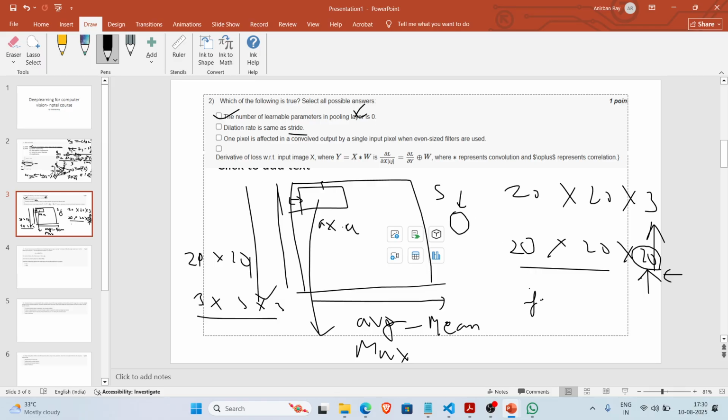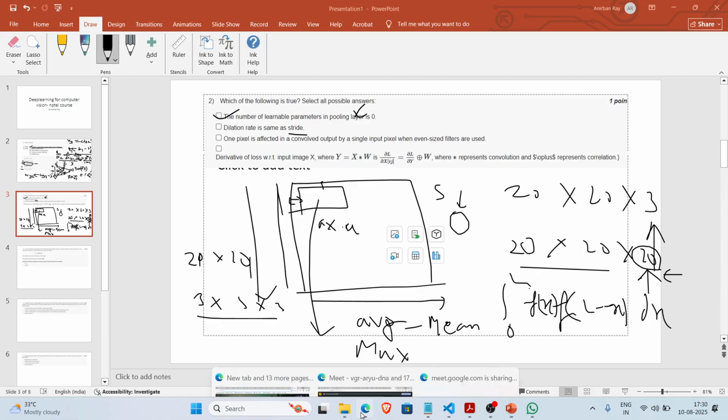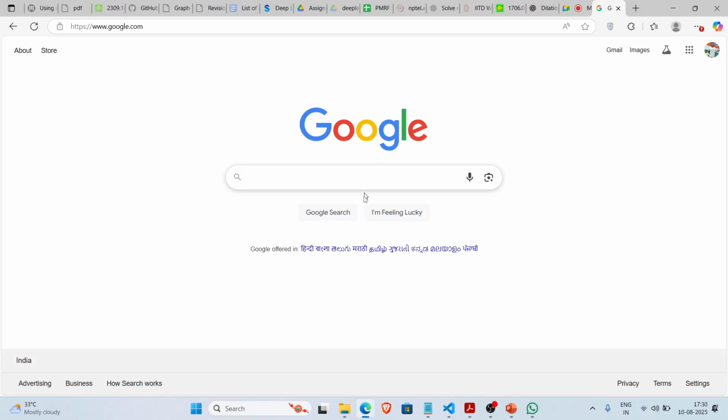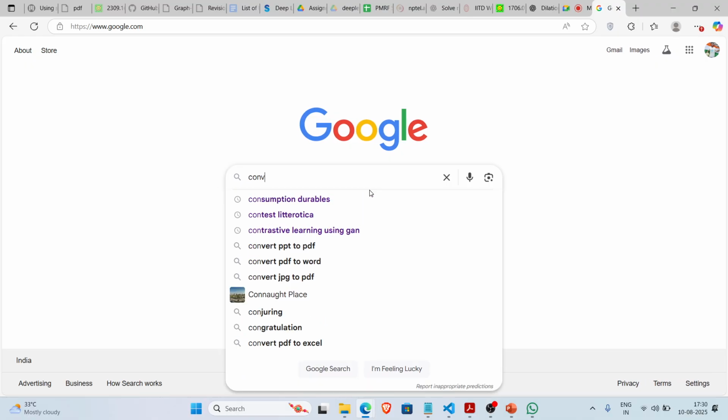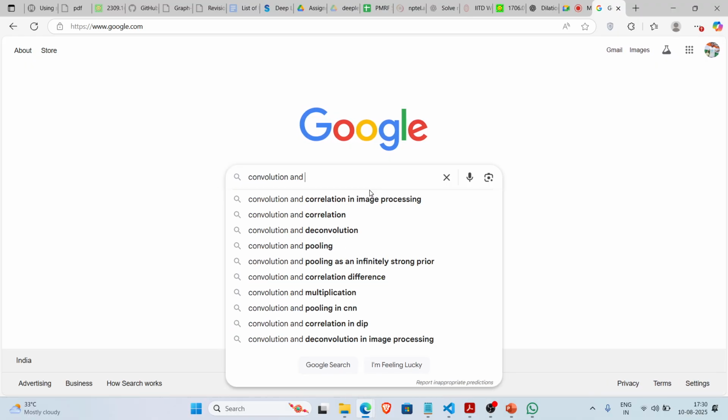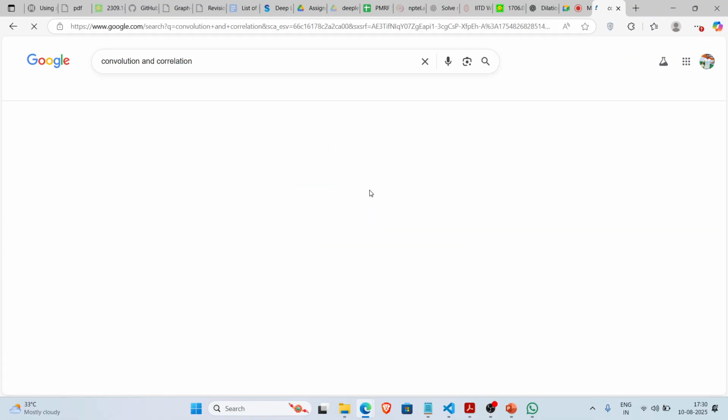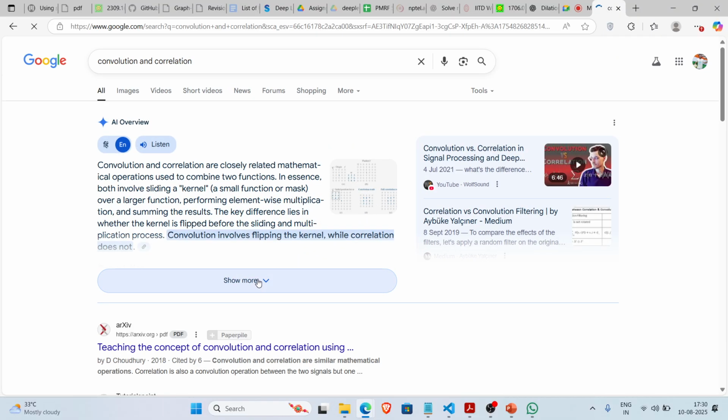Next, a little bit of mathematical definition of convolution. This is what we call convolution. There is some distinction here, so let me show you actually. One is convolution and the other is correlation.